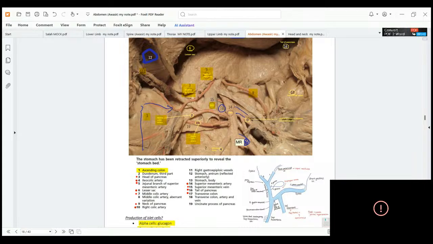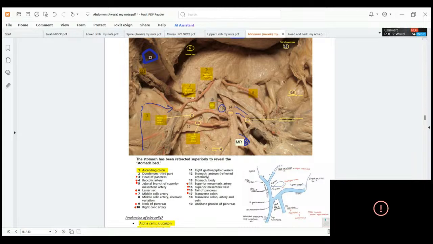Okay, then 13, superior mesenteric artery. 15, superior mesenteric vein.